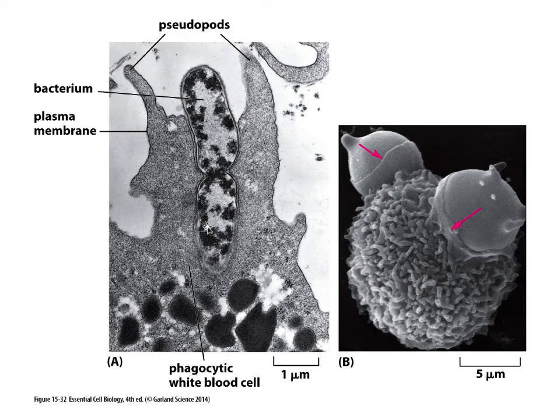Once those receptors make contact with the bacterium, they then send out these finger-like extrusions of the plasma membrane called pseudopods, and the pseudopods will link together on the far side, therefore encompassing the bacteria in some type of endosome. And then those endosomes are imported deeper into the cytosol to be digested, and the bacteria are killed.